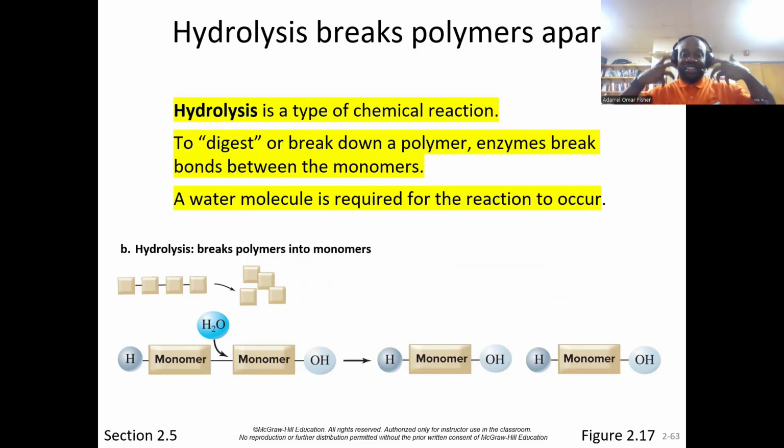Imagine, if you ever heard of complex carbohydrates, you eat these complex carbohydrates, they go down your esophagus into your stomach, meet the gastric acids in your stomach, start to digest, and your body breaks down the polymers into monomers that can then be digested and used by your body. And a water molecule is required for the reaction to occur.